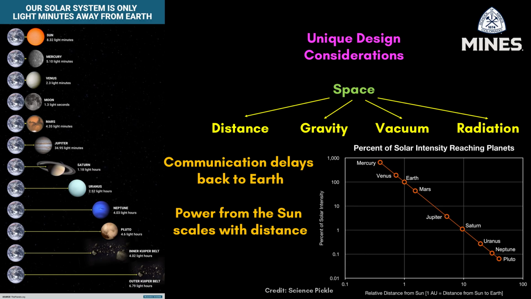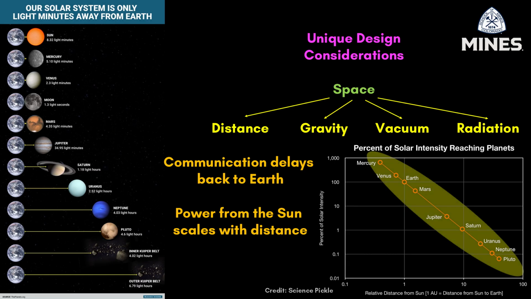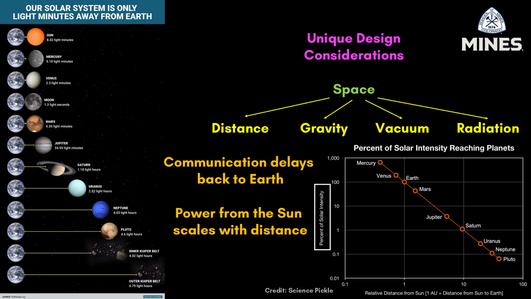The other way that distance impacts the engineering of a space robot is the energy you should expect your spacecraft to generate. This plot over here shows the percentage of solar intensity each planet in our solar system receives relative to Earth as a function of distance.